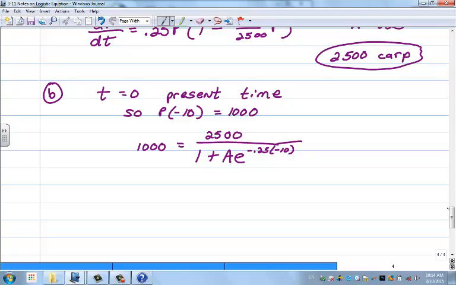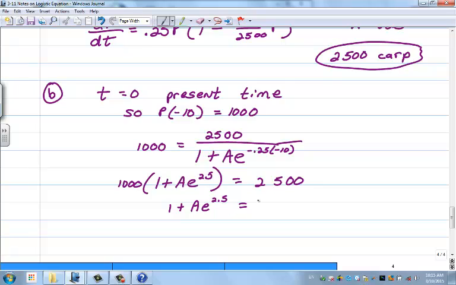So let's go ahead and do that. So we'll get 1,000 times 1 plus A e to the 2.5 equals 2,500. So 1 plus A e to the 2.5 equals 2,500 divided by 1,000, which is 2.5.